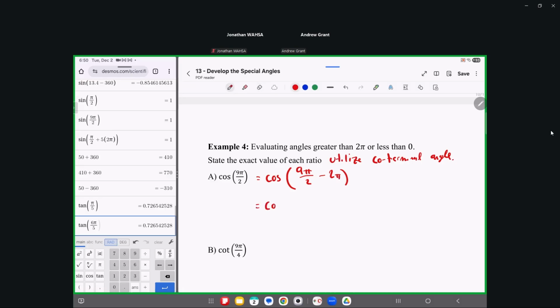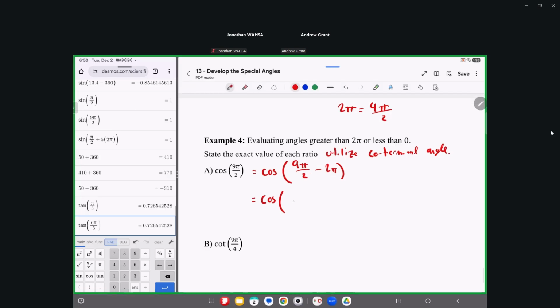So this will be equal to cos of... 2 pi is the same thing as 4 pi divided by 2. So if I take 9 pi minus 4 pi, that ends up giving me 5 pi over 2.